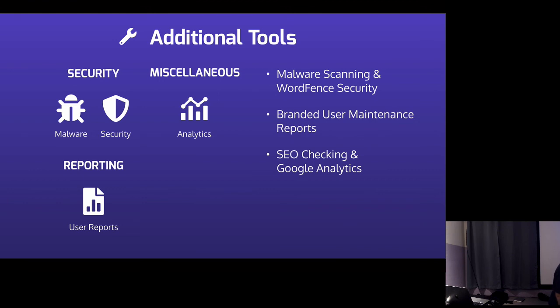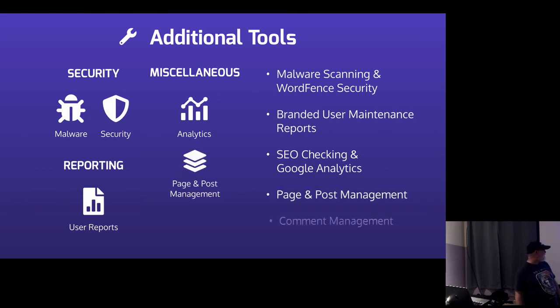Yeah. Miscellaneous tools: your analytics, your SEO checking, stuff like that. Page and post management, comment management. That means being able to do, let's say you've got 17 franchise sites and they all need to have the exact same or a similar post or a similar page across all 17 sites.